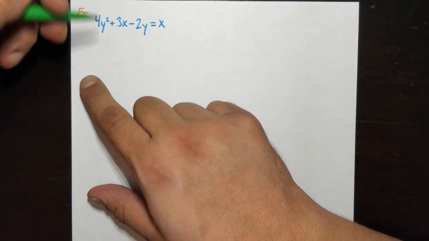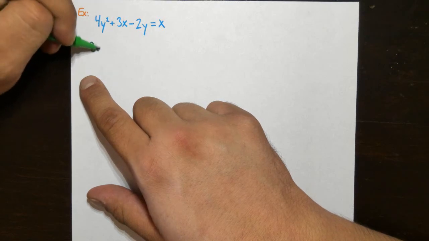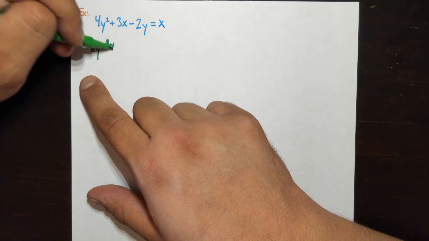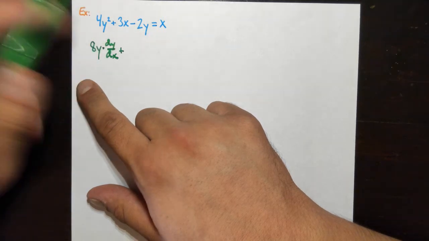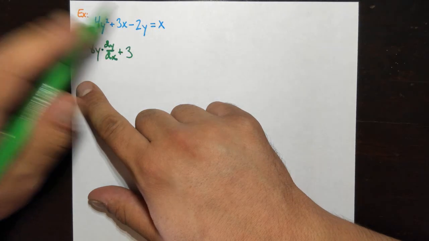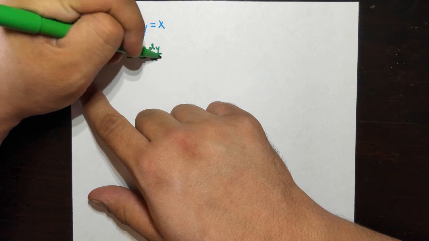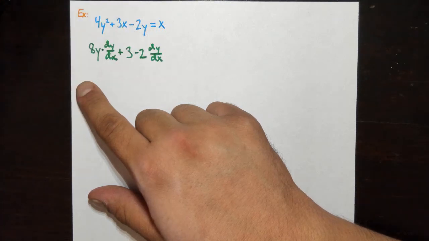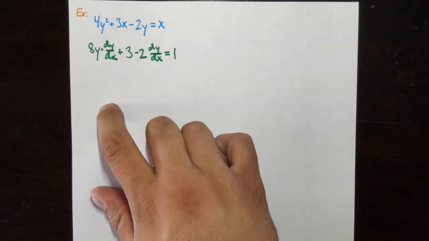So this first one, the derivative of the outside is going to be 8y times the derivative of this y, which is just going to be dy dx, plus 3x is going to turn into 3, minus 2y, that's just going to be minus 2 dy dx, because the y goes away and then we need to take the derivative of the inside, equals 1. The derivative of x with respect to x is just 1.